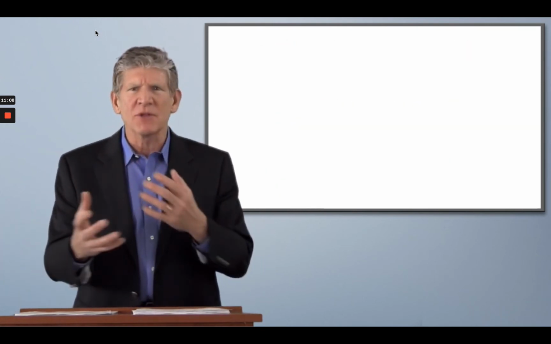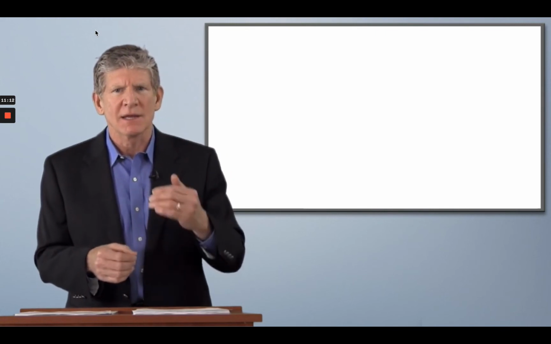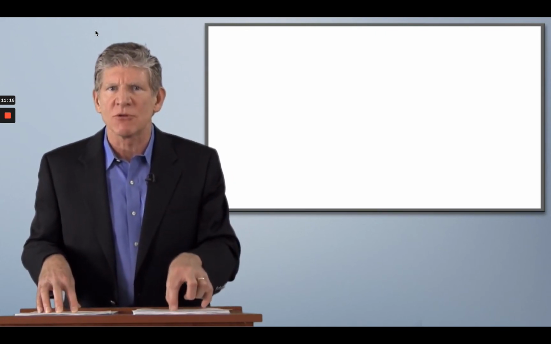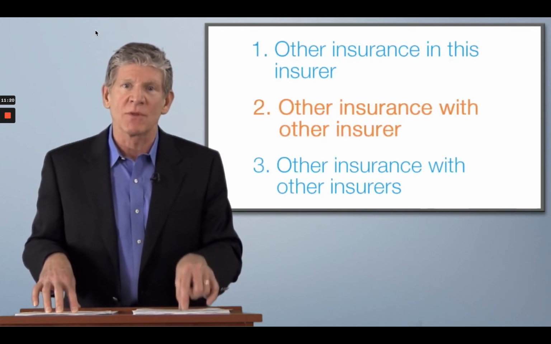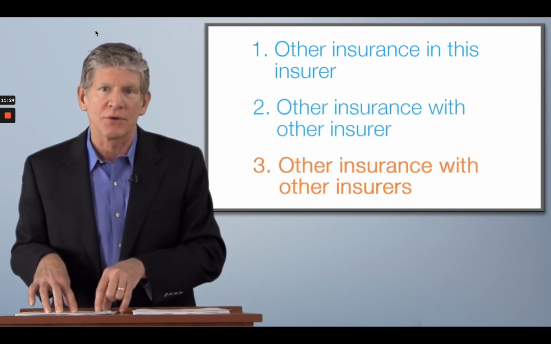So I know the distinction is subtle, but it can also be a little bit confusing. So take a little extra time when you're reviewing this lesson and make sure you can distinguish between other insurance in this insurer, other insurance with other insurer, and other insurance with other insurers.